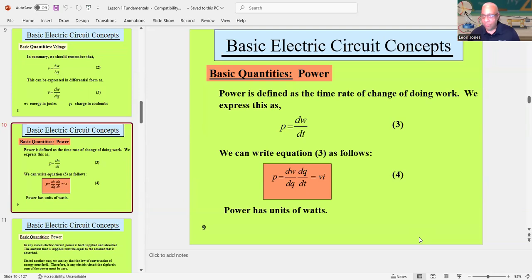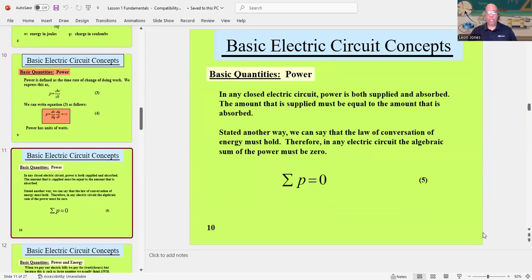Now, one thing that you must understand is when we talk about power, power is expressed in watts and kilowatts. You see it on your bill, and that will tell you how much power you used. And there's a charge behind that. A lot of individuals don't understand power because they don't know the units for power. Power is in watts and kilowatts.